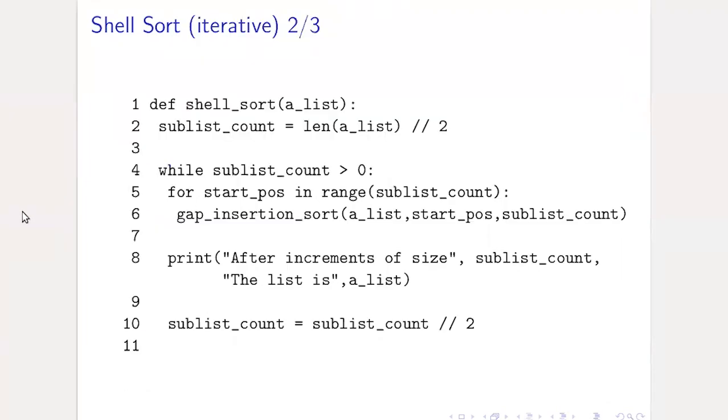So here's the algorithm, right? I have simply divided the length by 2 to get the sublist count.